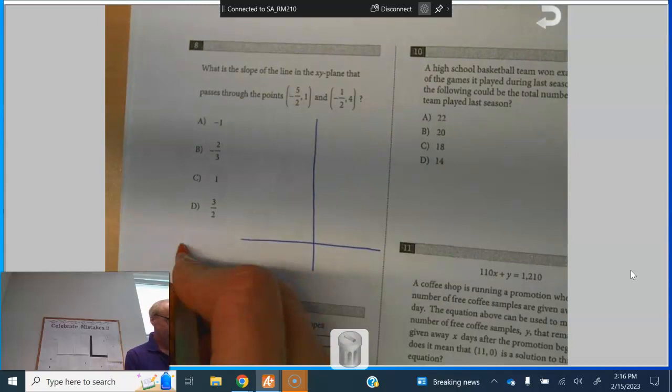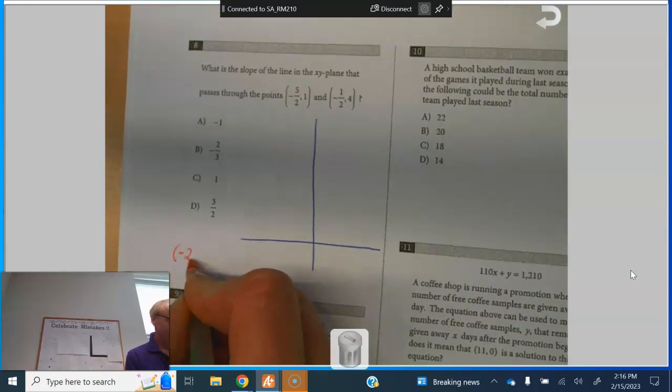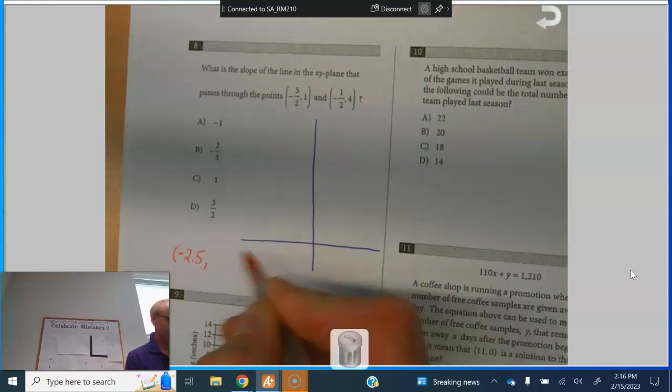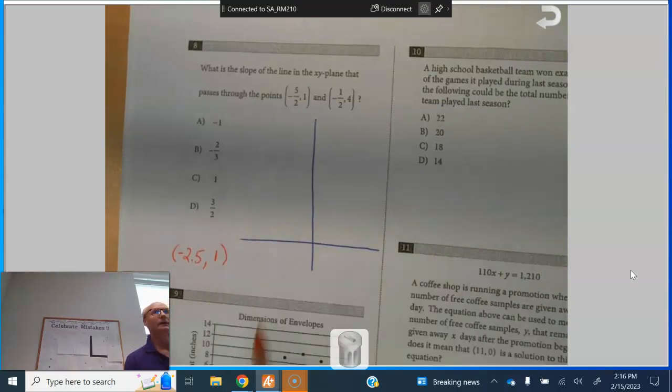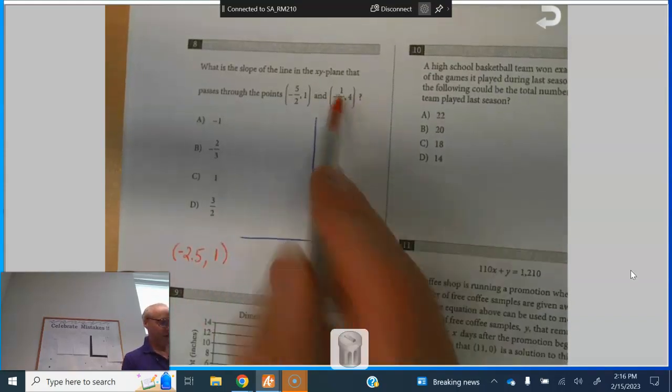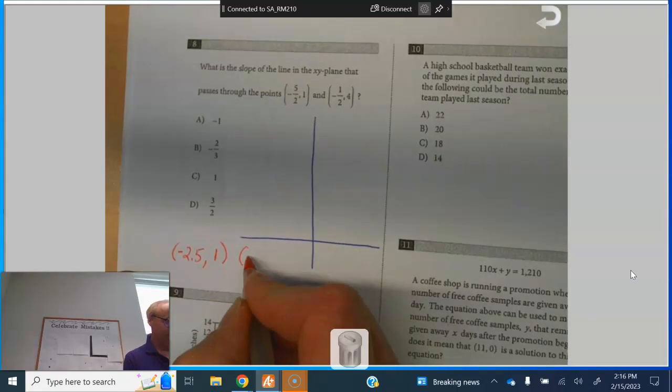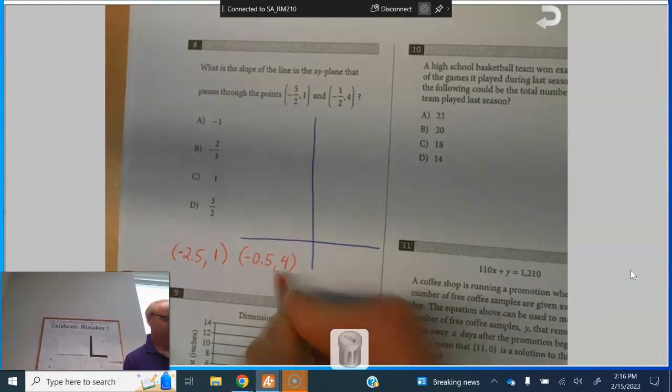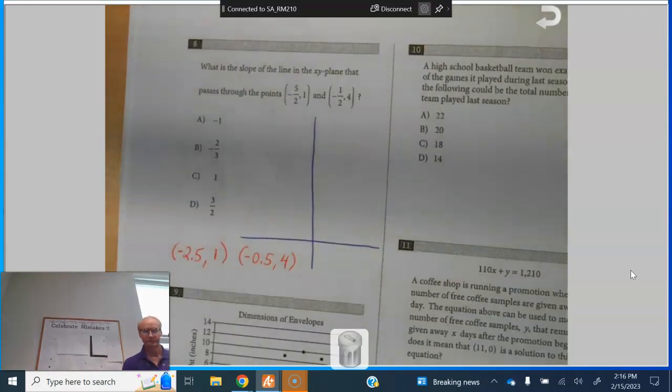This point is at -2.5. And the -1/2 is -0.5. Now I'm going to show you why I graph them.